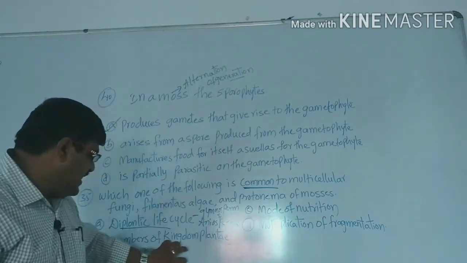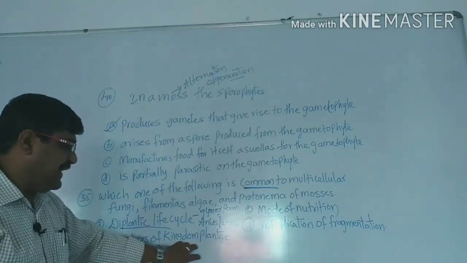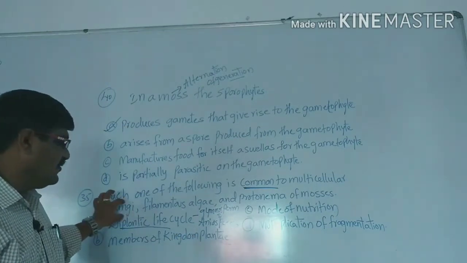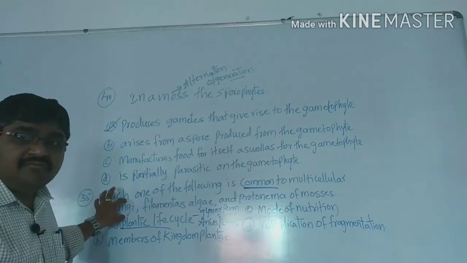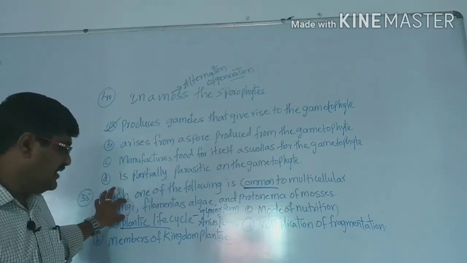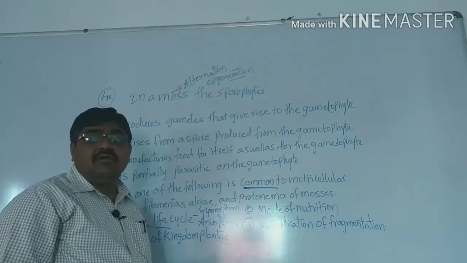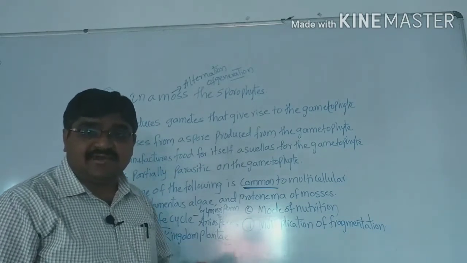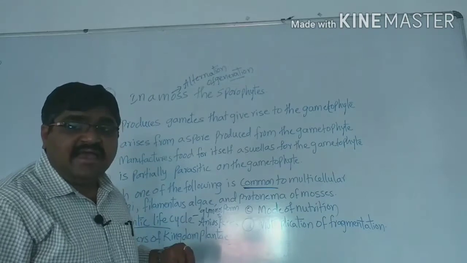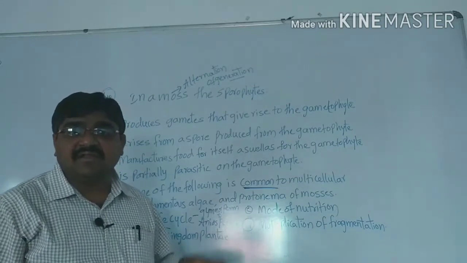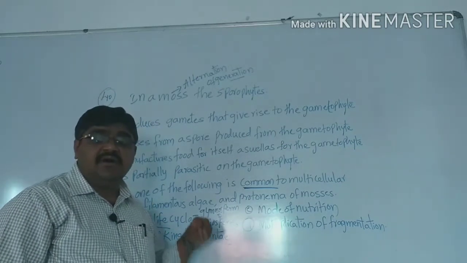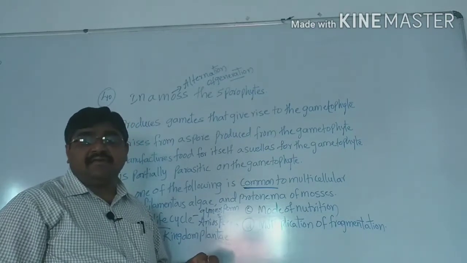So these are the members of kingdom Plantae, but fungi is not included. According to Whittaker's classification, the fungi are grouped into a separate kingdom, that is kingdom Mycota or fungi.